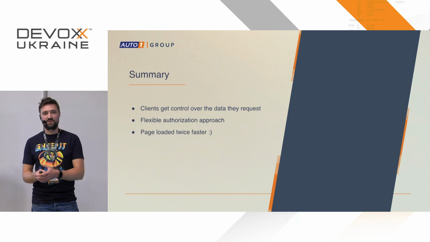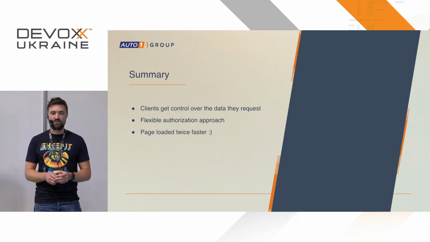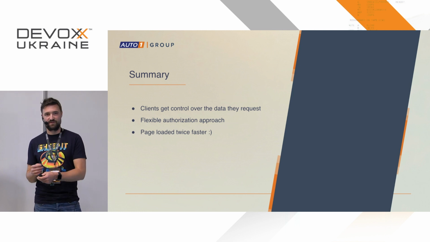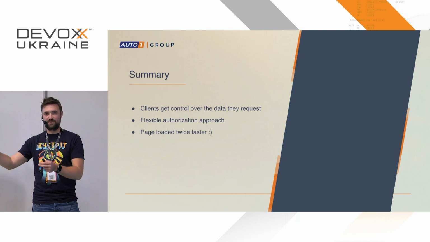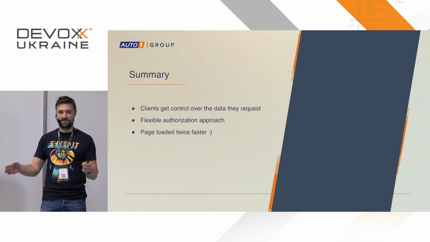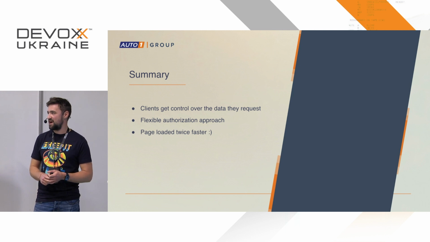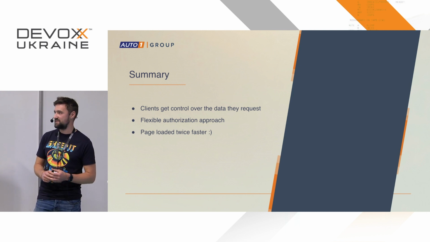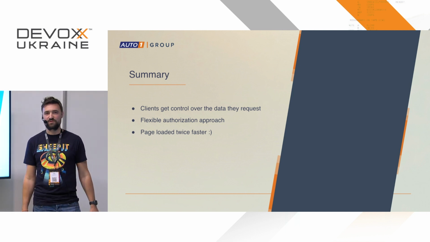But if you're building a public API, you need to be very careful with GraphQL, because you're allowing the user to request, let's say, recursively. For example, you have a user and it has groups, and then each group has users, and so on and so forth. You need to limit this, so you need to keep that in mind. Other than that, I haven't faced anything. Basically, it's still the same as the usual REST approach.